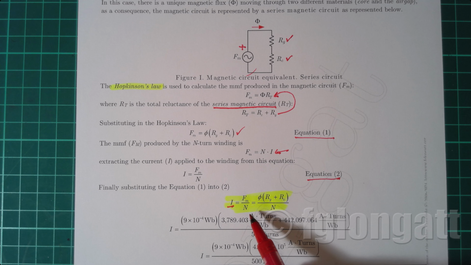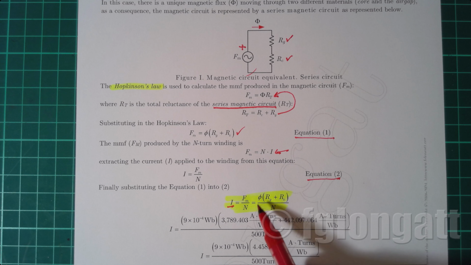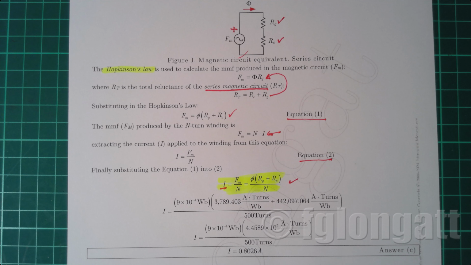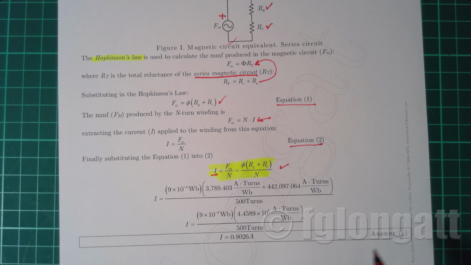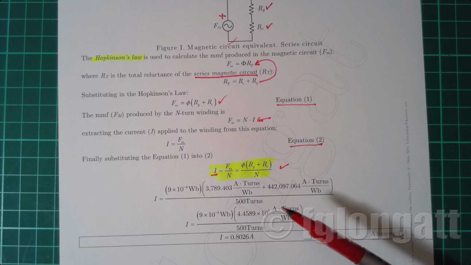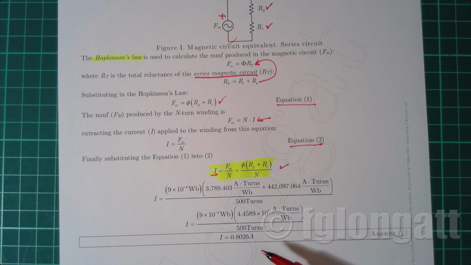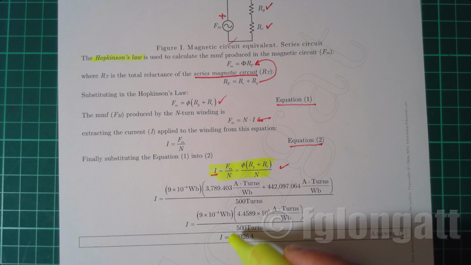But remember, the MMF is the product between flux and reluctance. So the numerical substitution is done in this equation, and finally we obtain the current in this winding. As you can see, we have a numerical solution. The total current in this winding is 0.8026 amp.